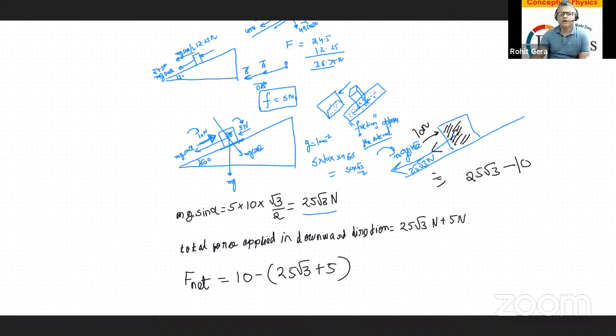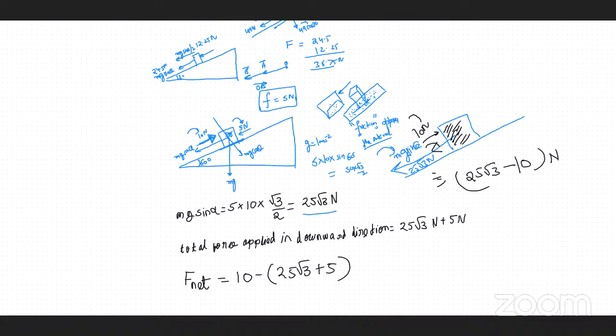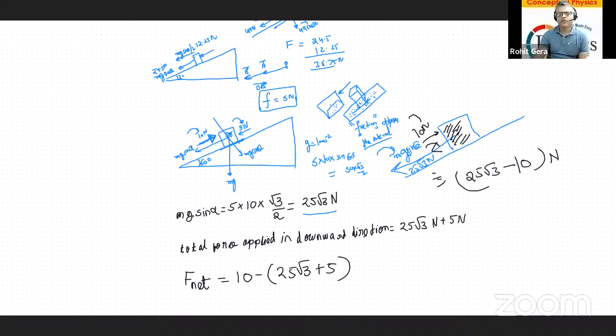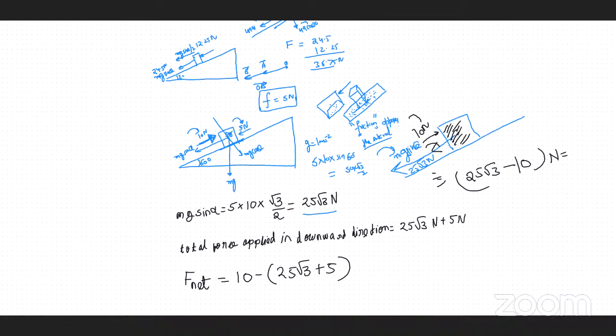Agreed. So if these are the two influences on the mass, which direction does it want to go? If I say this is downwards, and the tendency is to go downward, in what direction will the friction appear? Opposite, upwards.